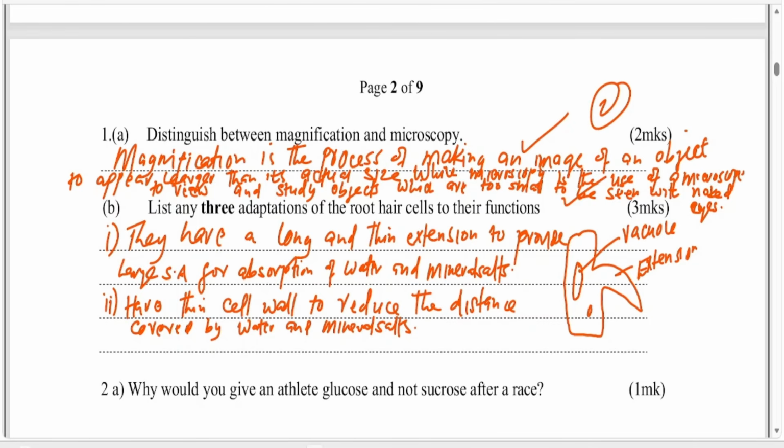Then we have another point, the numerous mitochondria within the cell, and this is to provide energy for active absorption of mineral salts. So they have numerous mitochondria. Remember, we have one mitochondrion, many are mitochondria.